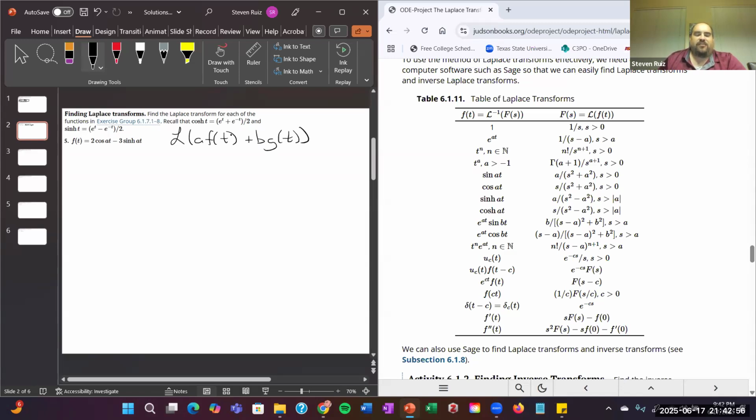So I'm adding two functions together, and I'll also have a scalar multiple of both of those. Because the Laplace operator is a linear operator, this is equal to a times the Laplace transform of f of t plus b times the Laplace transform of g of t.